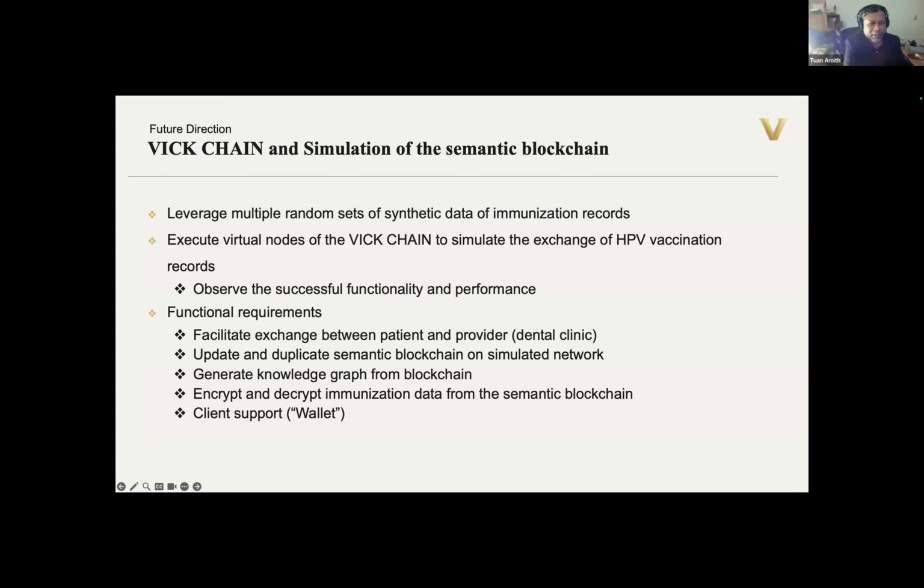Regarding another future direction for the semantic blockchain, we'll be generating multiple sets of synthetic data of immunization records and using that data to simulate our blockchain network. There'll be virtual nodes of the blockchain, and we want to observe some of the functionality and performance of this semantic blockchain that we've developed.